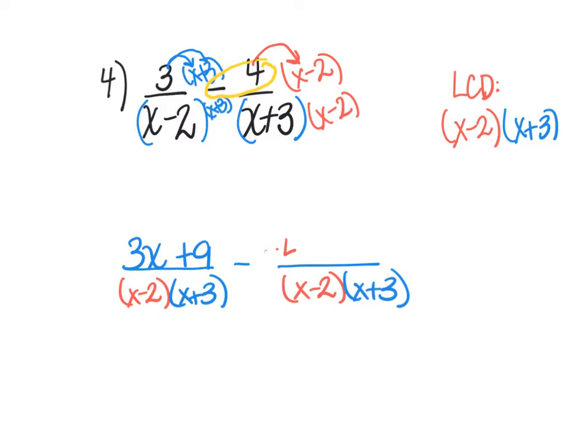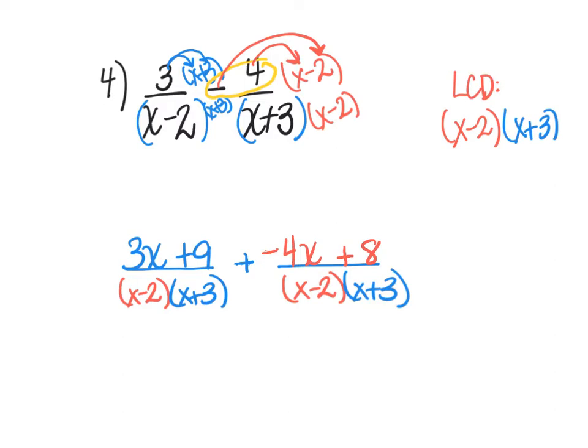Sorry, I apologize. I'm distributing the negative, so when I combine them, a little tricky, it should be a positive. So negative 4 times x is negative 4x. And then negative 4 times negative 2 is positive 8. So I want to make sure that I'm combining these, and I've already distributed the sign, so I don't need to have that negative in the middle.